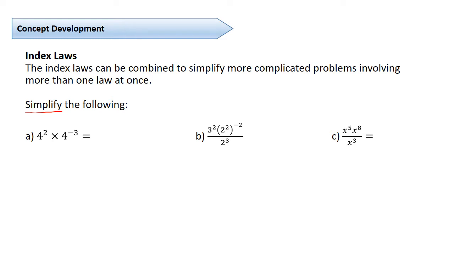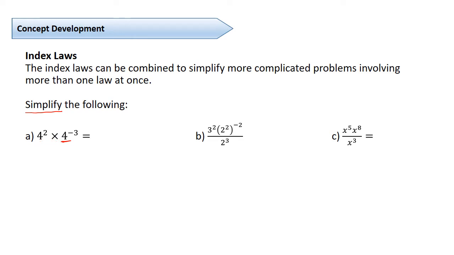So we'll start with the first one. The first one's a nice, easy warm-up because we are looking at what law we would apply. First things first, we need to double check that we do have the same bases, okay? We can't do anything if those bases are different. The laws don't apply. Now, we have 4 and 4, so our laws do apply, and we have a multiplication.